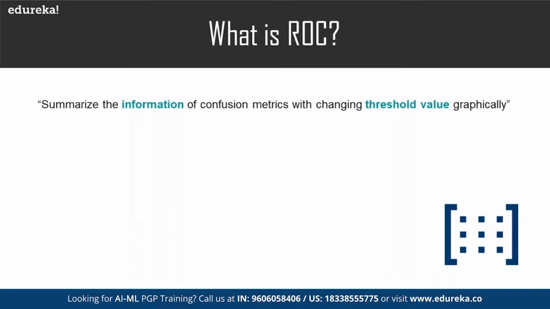With ROC we have a curve, and as we change the threshold value, we also see the learning rates, the loss and the iterations. Let me tell you what ROC is.